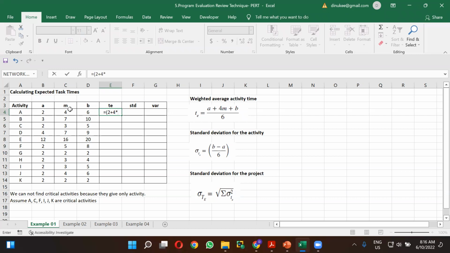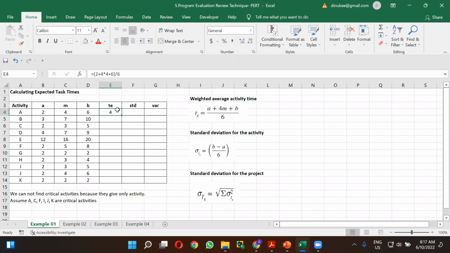So again 4 into 4, and you have to add the pessimistic time. Pessimistic time for activity A, how much is it? 6. So you add that 6, close the bracket, and divide the whole thing. As we are getting a weighted average, you have to divide this by 6. So the weighted average activity time for activity A is 4.